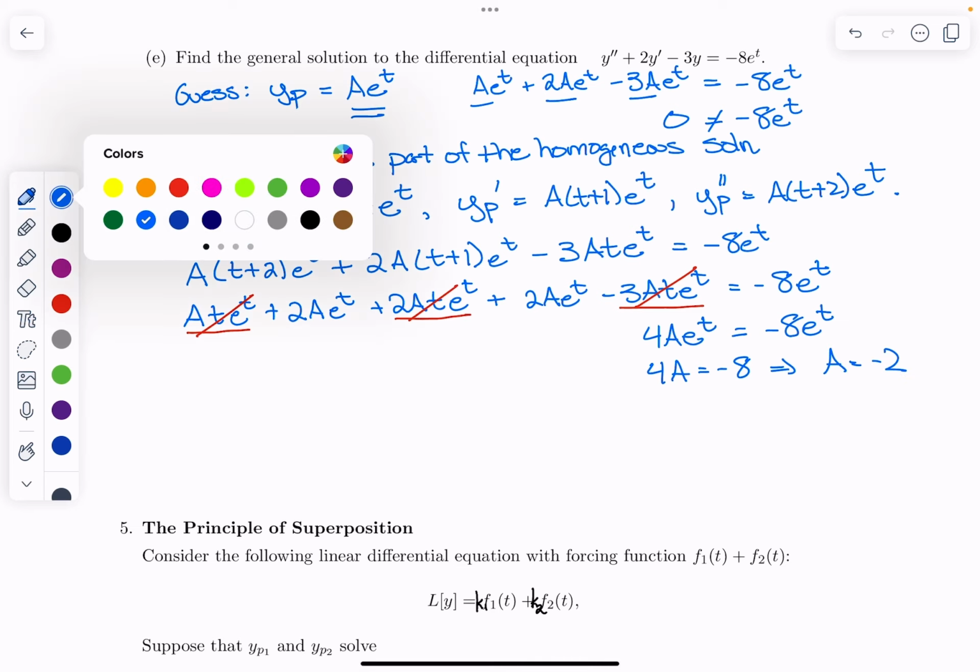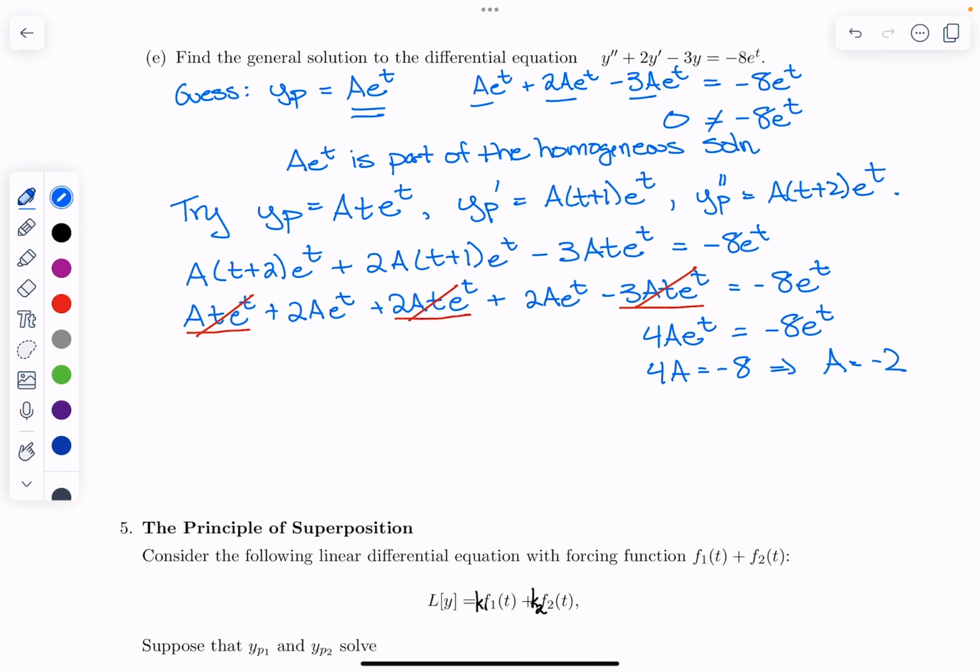So I've now found my particular solution. Oh, sorry, I'm starting to write down the whole general solution. My particular solution is just negative 2t e to the t. You can plug that back into the differential equation and you can see that it works.